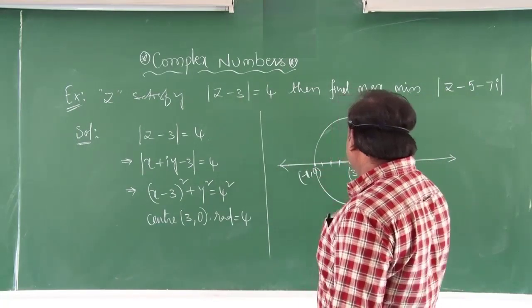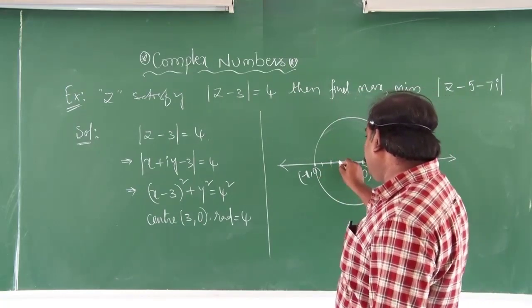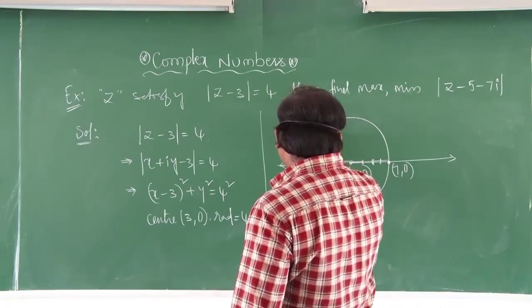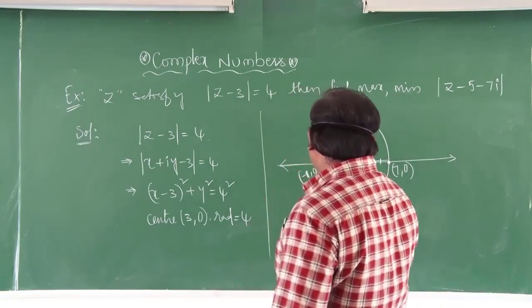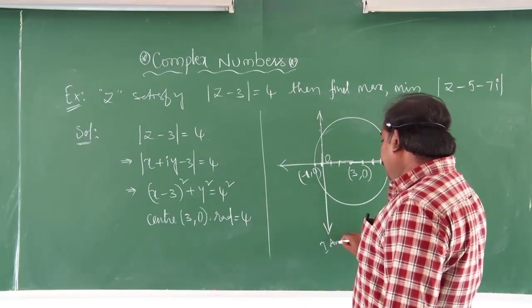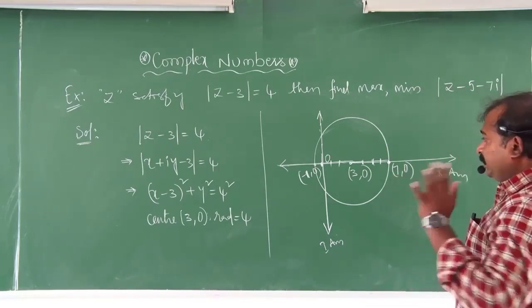So the circle position is like this. Somewhere the imaginary axis will be like this. This is the origin, this is the imaginary axis and this is the real axis, and the circle is like this.